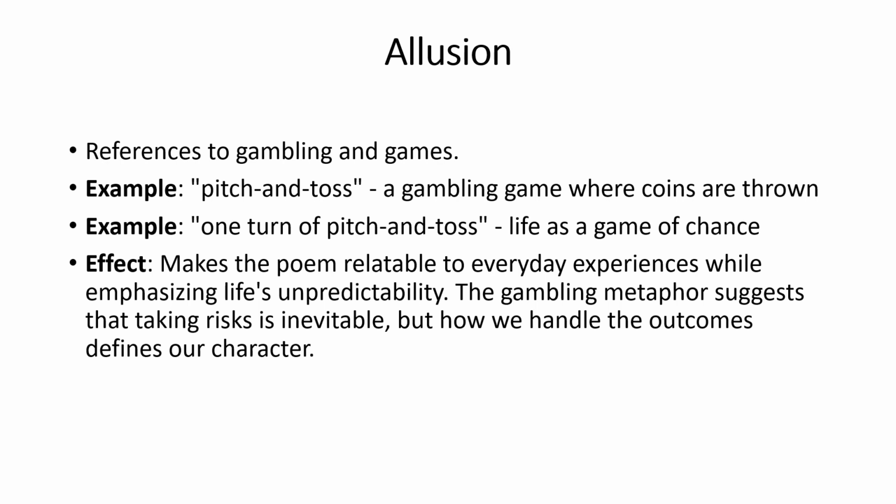When we go through this phrase, pitch and toss, our attention is taken to a gambling game where coins are thrown. One turn of pitch and toss. Here, in this context, life is a game of chance. The poet is drawing our attention to think of life as a game of chance.